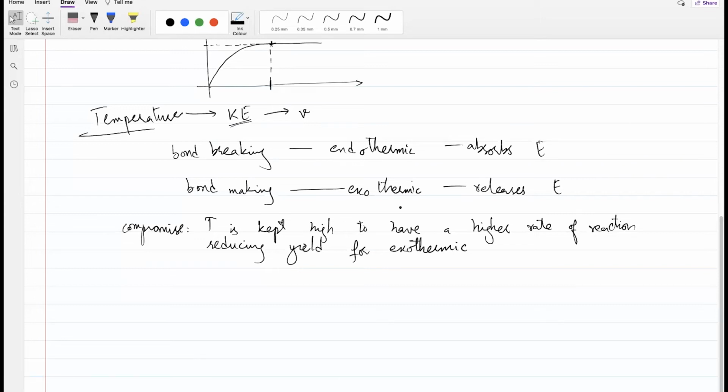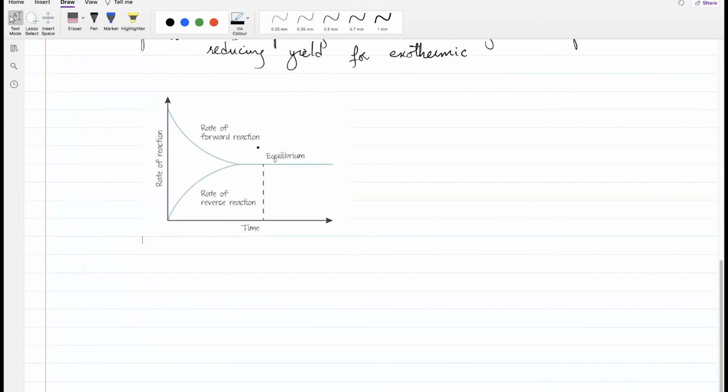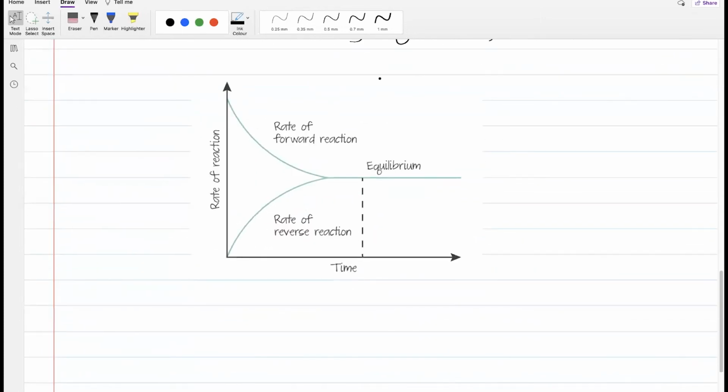So here's a diagram that I want you to see to understand what equilibrium would look like. ये देखें. If I'm trying to find the rate of reaction, you can see that the rate of forward reaction is reducing and the rate of backward reaction is increasing, and there comes a time when both rates are equal.